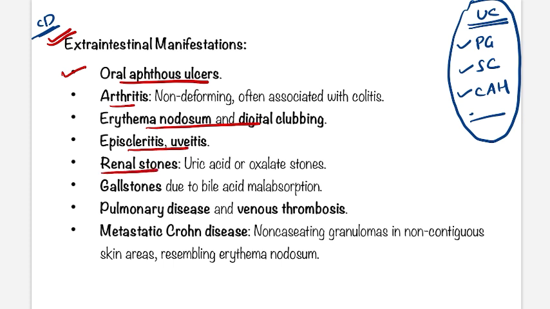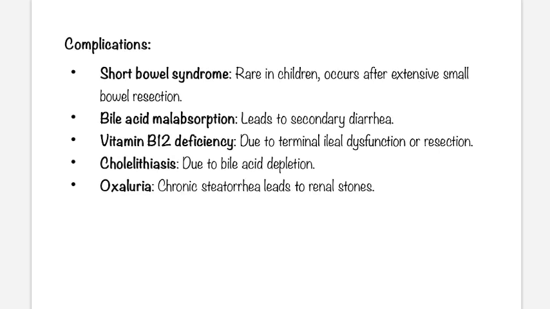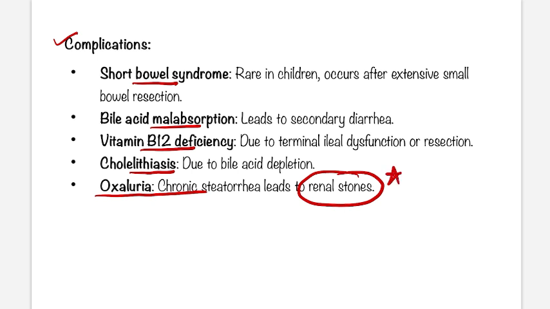Renal stones are more common. Even gallstones are more common. Venous thrombosis is more common. And metastatic Crohn's disease is more common. So just remember these. Complications like short bowel syndrome, bile acid malabsorption, vitamin B12 deficiency, cholelithiasis, and oxaluria. So which IBD has more predisposition to renal stones?